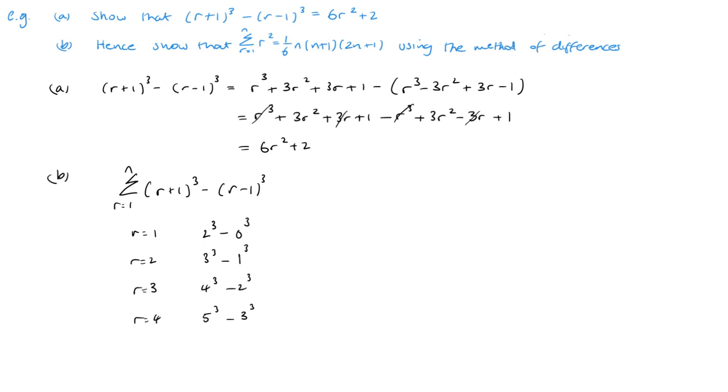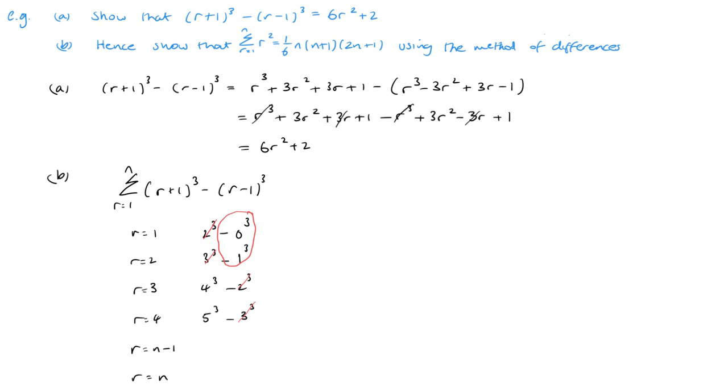Now you can see a bit of a pattern come in here. This 2 will go with this 2 here. This 3 will go with this 3. And I can keep that pattern going. But what I've got to look for is what doesn't cancel. So the 2 here on the right hand side won't cancel, which means that when I get down to the bottom, it'll be 2 on the left that don't cancel.